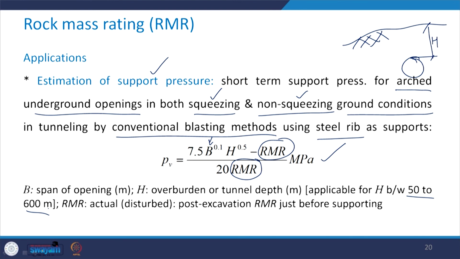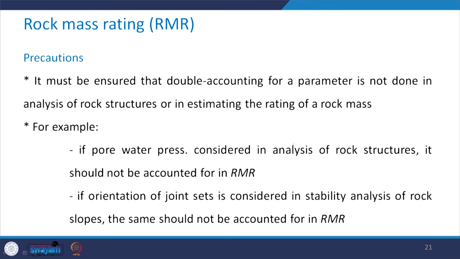Take a note of it that the RMR which you use here should be the actual one, that is the post excavation RMR just before the supporting. That value you should substitute in this expression.